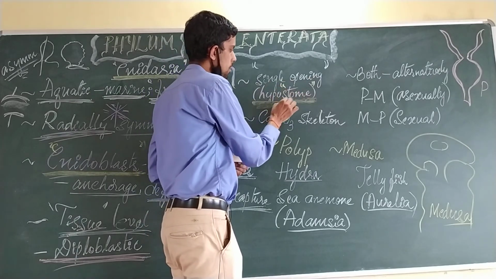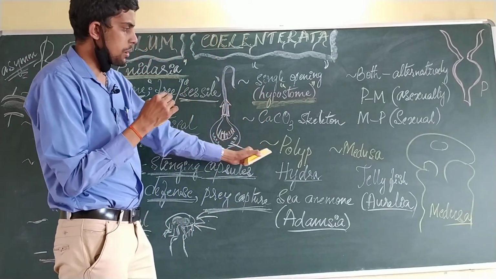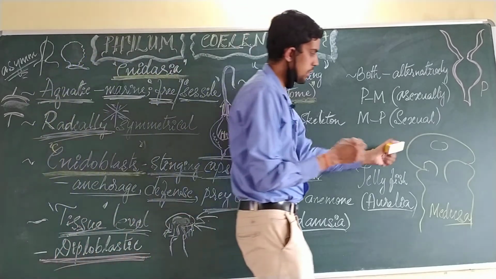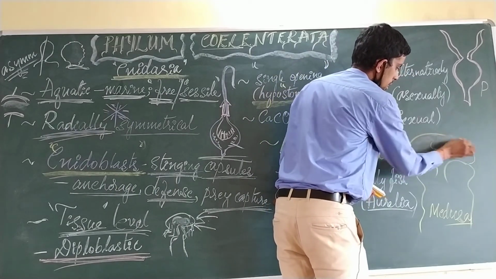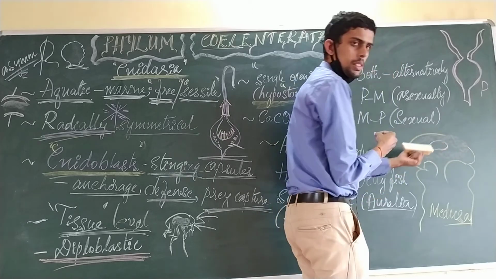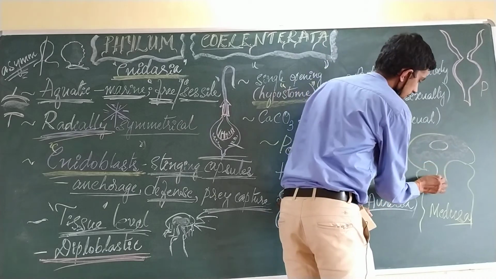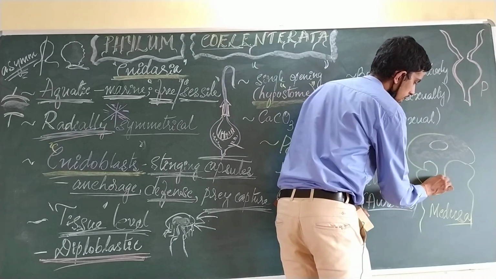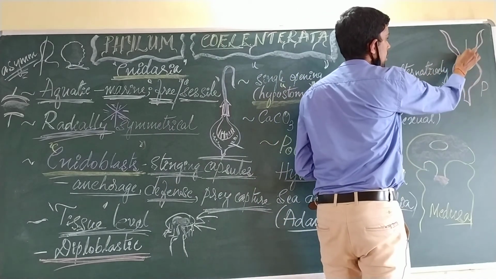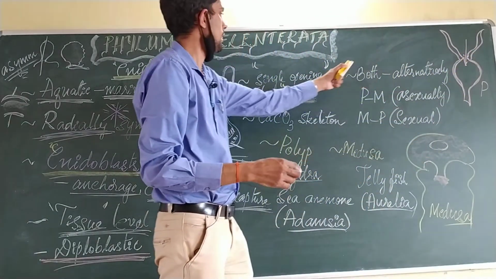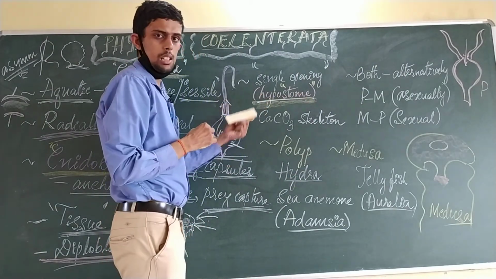So that is a mouth-like opening that is formed at the tip of this animal body. If this is an animal body, at the tip, or at the center, we find a mouth-like structure. That opening is called the hypostome. Clear?